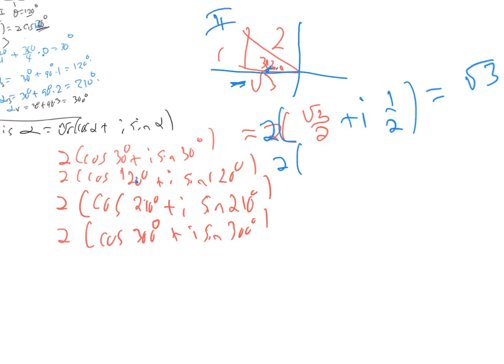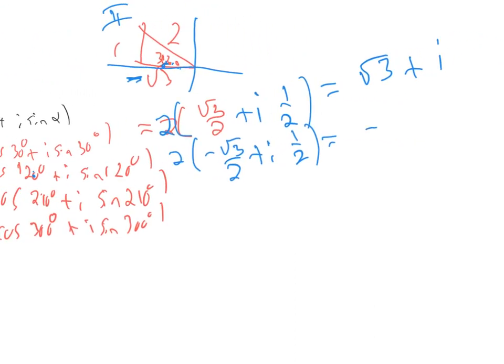So 2, the cosine of this is negative square root of 3 over 2 plus I times a half. And if I distribute the 2 again, I get now a negative square root of 3 plus an I.